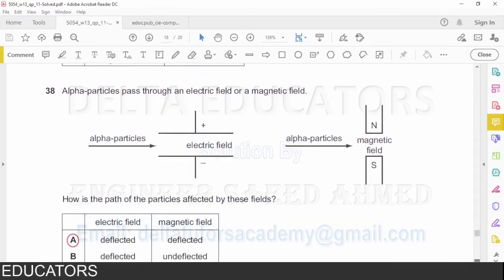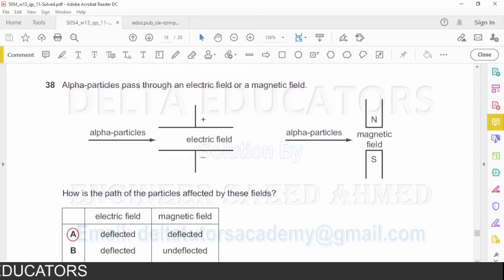Question number 38. Alpha particle pass through an electric field or a magnetic field. How is the path of the particle affected by these fields? When alpha particles are passed through electrical field, there is a deflection. These alpha particles are deflected. What is the reason? Alpha particles are positively charged.